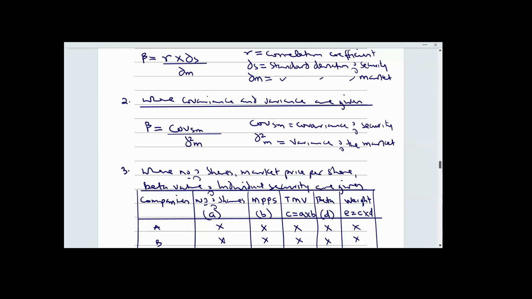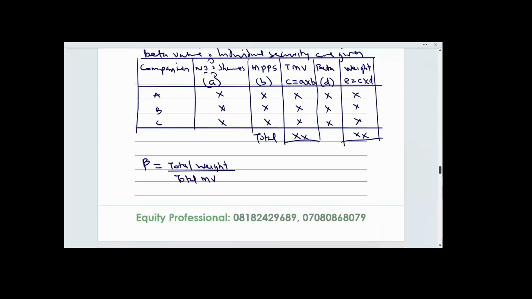Then what else? In this one, MPP simply means market price per share. TMV simply means total market value.